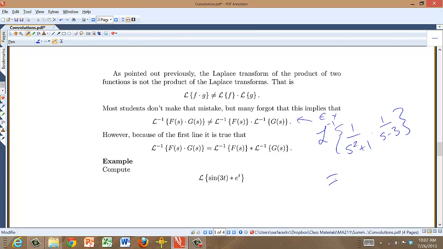If you want to inverse Laplace transform those, remember what you do is a partial fractions decomposition and go from there. What you don't do is inverse Laplace transform this one to get sine of t, and then multiply it by the inverse Laplace transform of that one, which is e to the 3t. If you have two things multiplied in the s domain, you absolutely do not just inverse Laplace transform each one and then multiply.